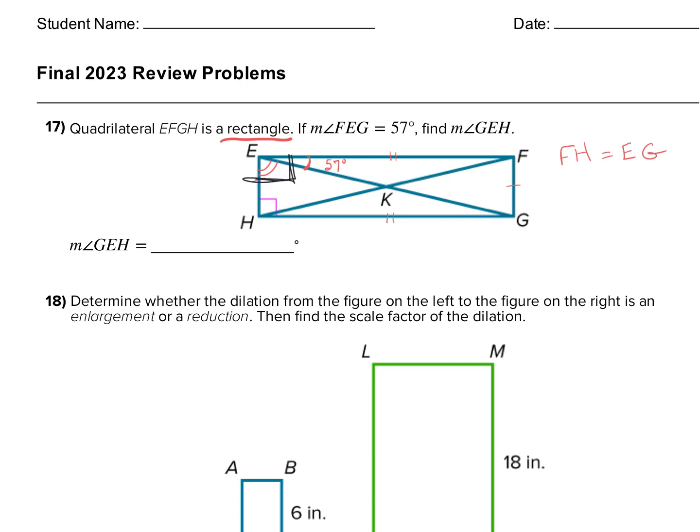So with the diagonal cutting angle E into two smaller angles, if one of the angles is 57, and we know the whole angle is 90, we just subtract 90 minus 57. And we get 33, I believe, if my mental math is correct. And it is. So the measure of GEH is just 33 degrees.